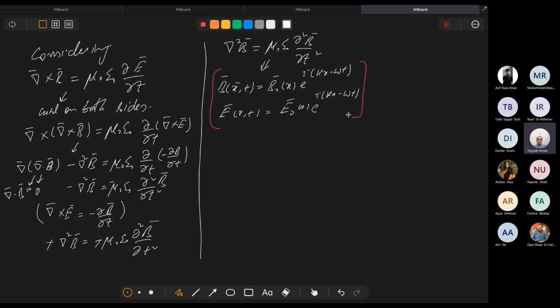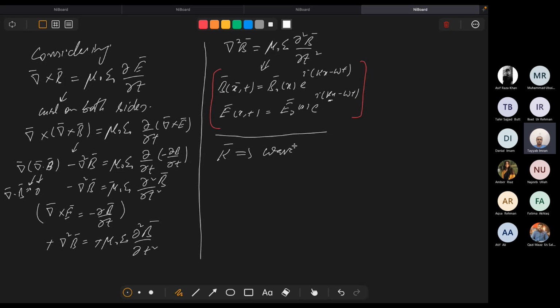We leave this equation here for a while, and let me try to explain a bit about the wave number or propagation vector, which is k. The k that you have is the wave number, the k we use in the Helmholtz equation.